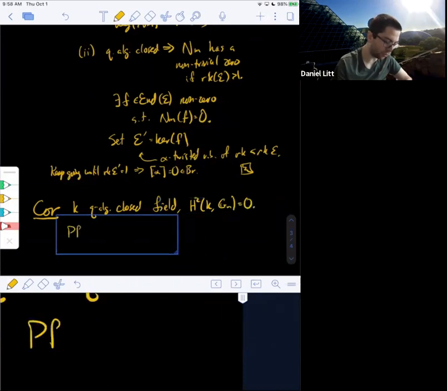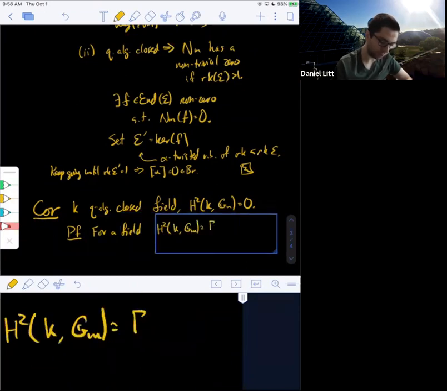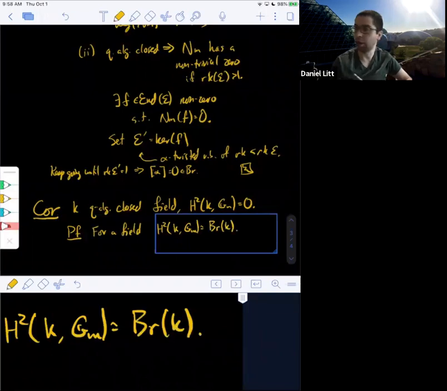Okay, and the proof is not trivial, but it's sort of field theory, so I don't want to give it here. The proof is that for a field, the H2 of G_m equals the Brauer group of K. So a priori, the Brauer group is just a subset, but in fact, for fields, they're equal. And in fact, they're equal in much more generality than that.